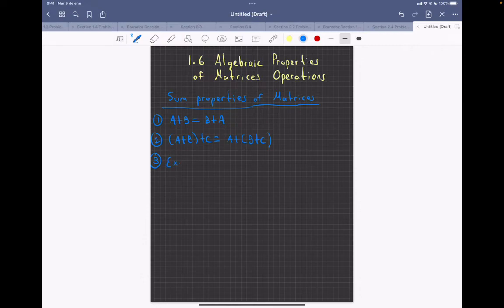There exists a matrix, the matrix 0, such that for any matrix A, we have A plus 0 is equal to 0 plus A. So we have things like that.